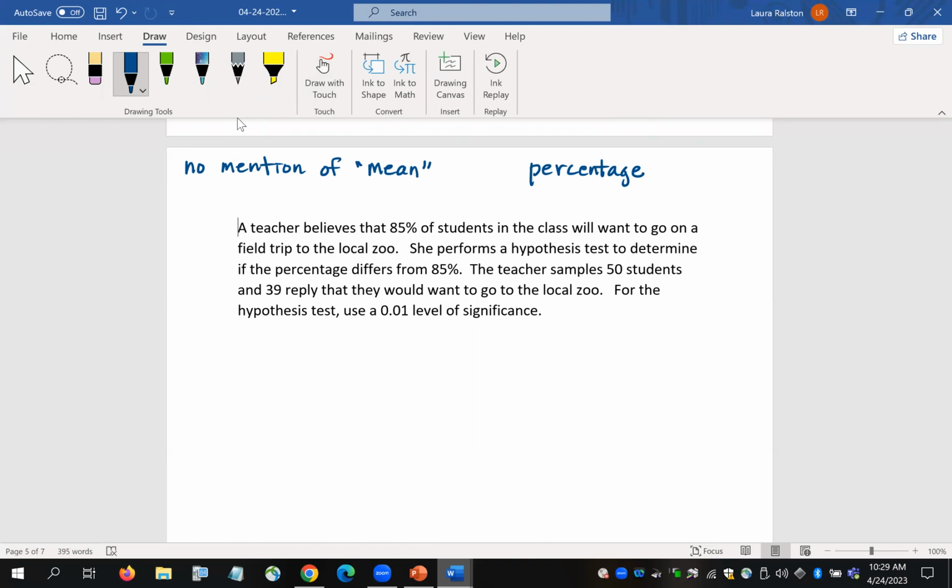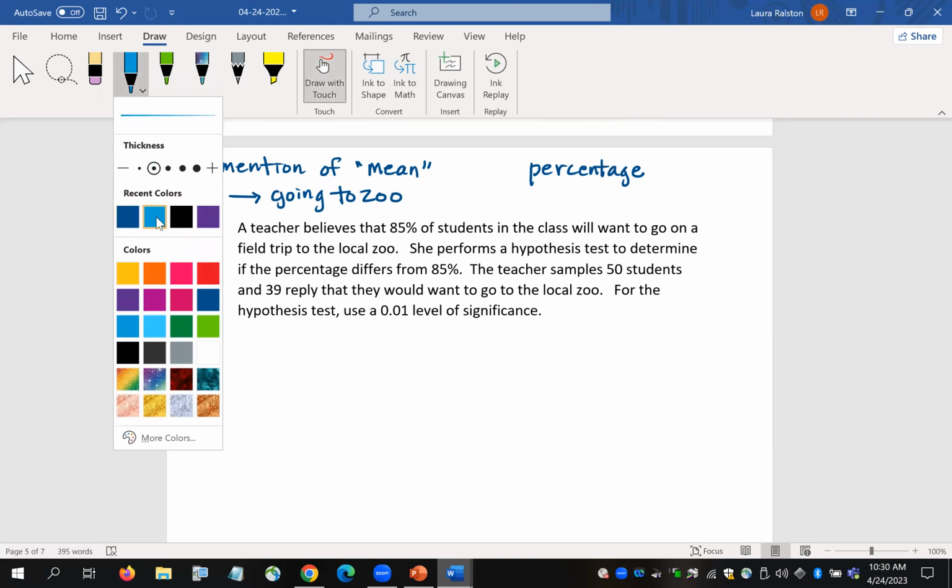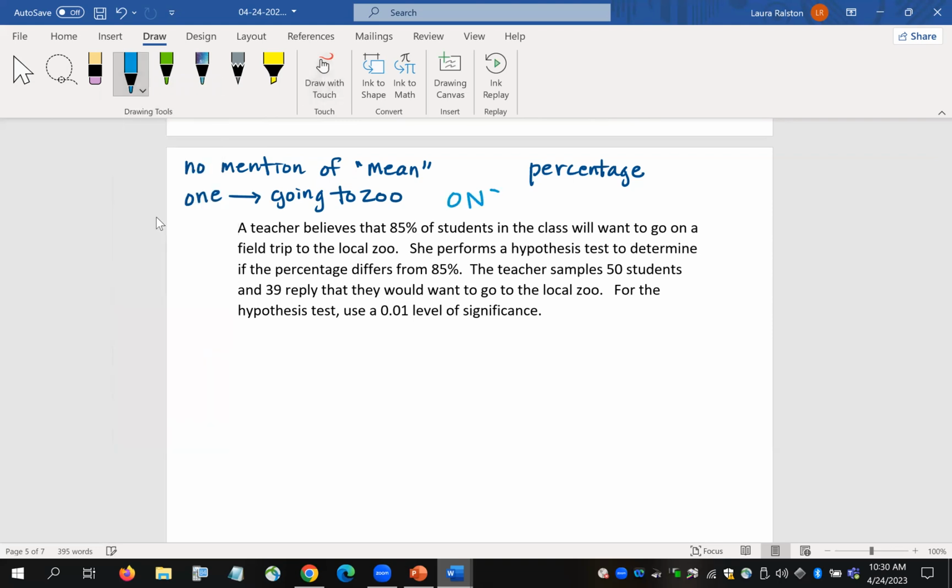And I'm only talking about one thing. The one thing I'm talking about is going to the zoo. So that leads me to recognize that I need to do a one proportion z-test.